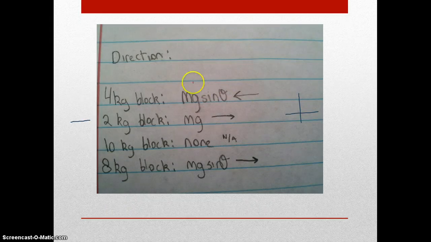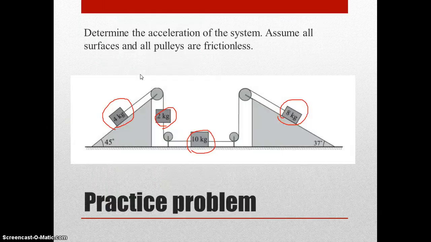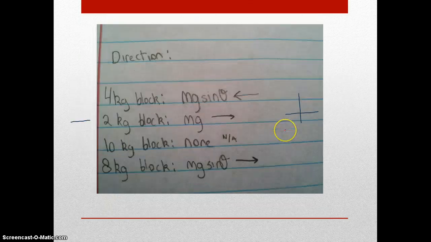So for the direction of these forces, I made right positive and left negative. Now if you look at the diagram again, the 4 kilogram block is the only one that's pushing to the left, while the 2 kilogram and the 8 kilogram blocks are pushing to the right, as I stated over here.